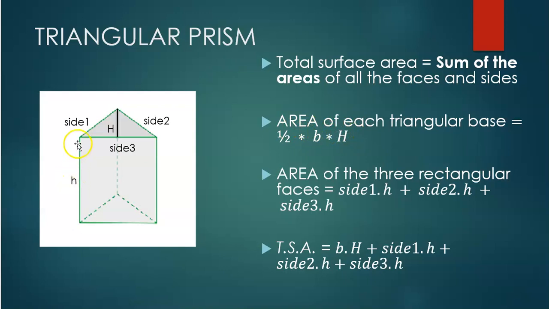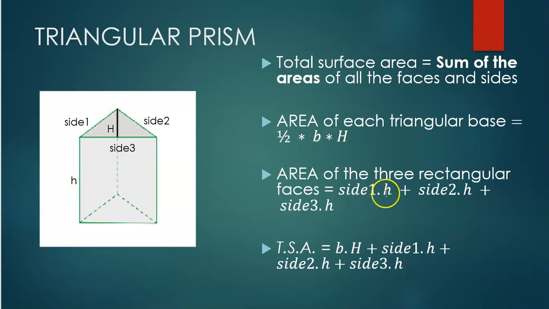The small h here is the height of the prism itself, so don't get confused with the capital H with the small h. Alright, they are different. And the area of the three rectangular faces would be the side of each triangle times the height.